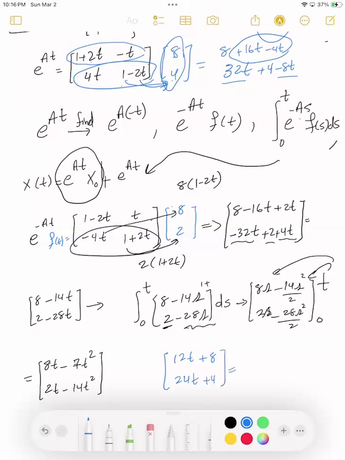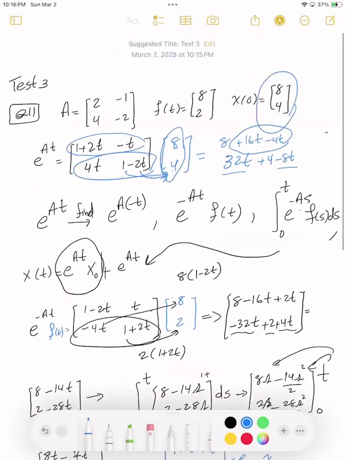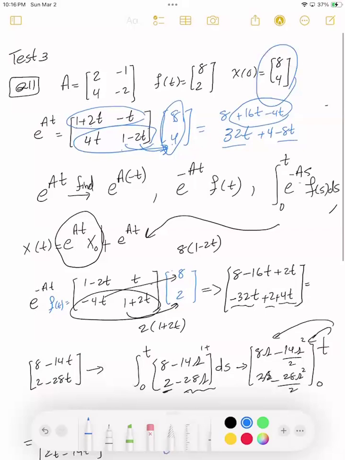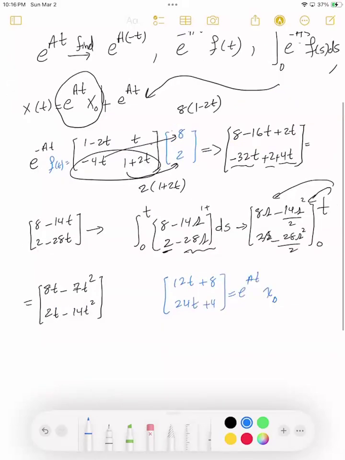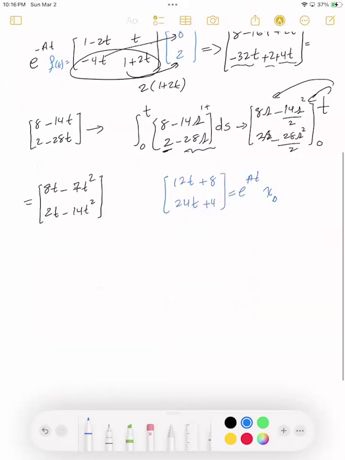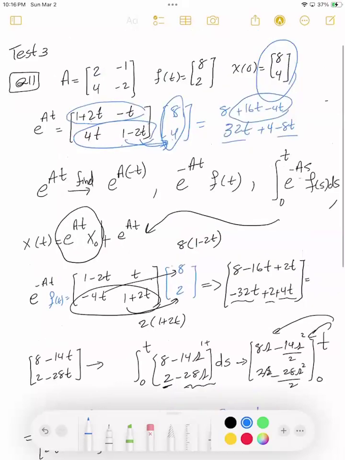So this is e^(At) times matrix X at 0. I also have to multiply this one by e^(At).